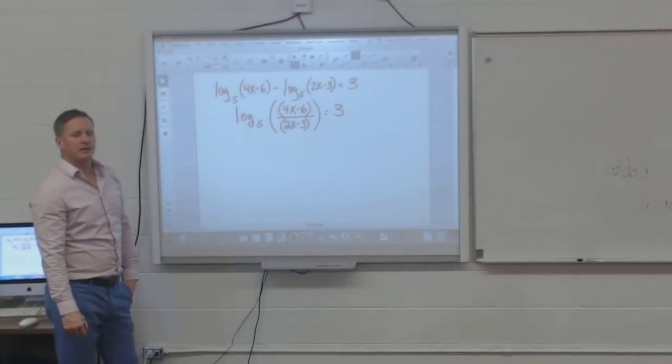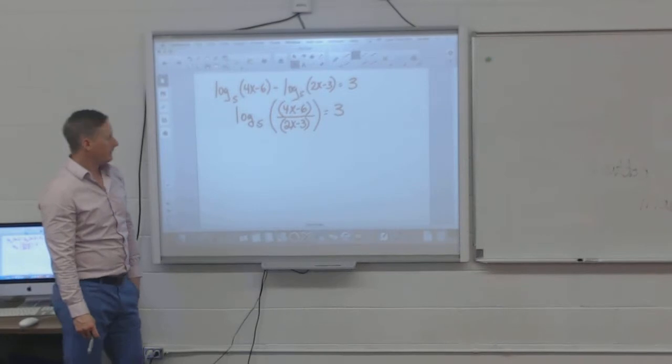Okay, how do I change this to exponential? 5 cubed equals that.